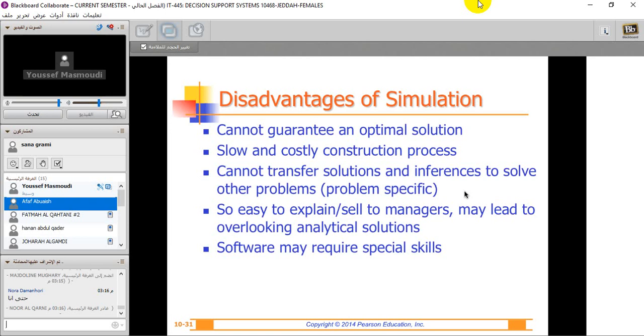So this is very easy when you want to sell your simulation product. Just show the manager a simple example of simulation and he will be convinced directly. And this may lead to overlooking analytical solutions. When you are using simulation software, maybe you are required to have some special skills.